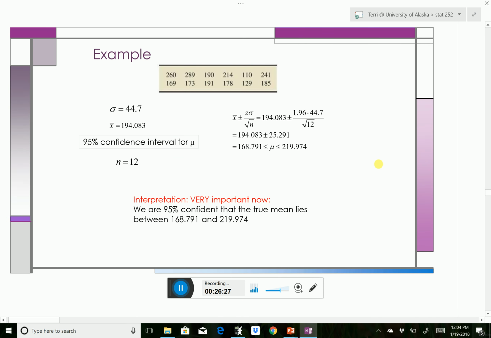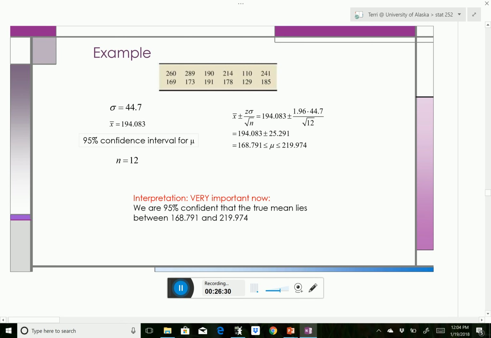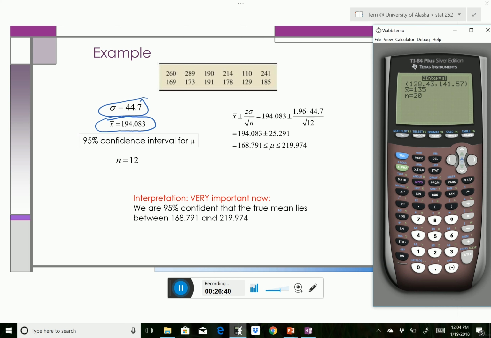So let's do another example right here. In this case, I was given data, but I was also given sigma, and I've been told what the X bar actually is. So I can go in here again: stat, tests, number 7, and choose the statistics option.